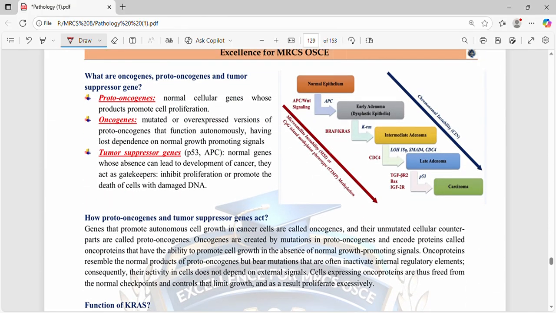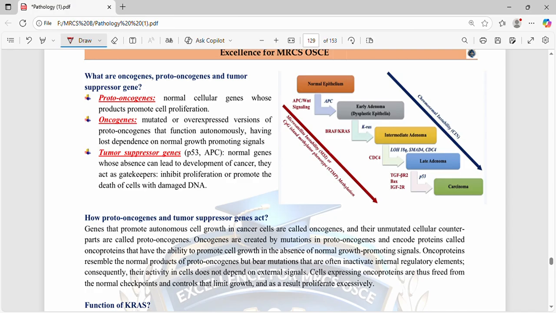So what are oncogenes, proto-oncogenes, and tumor suppressor genes? Proto-oncogenes are normal cellular genes whose products promote cell proliferation. So these are the normal, benign, and healthy genes which promote cell division and proliferation normally.